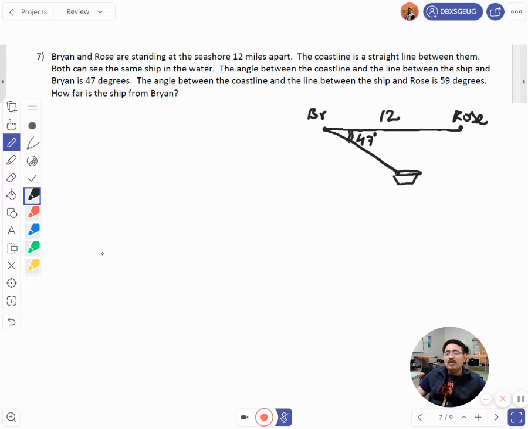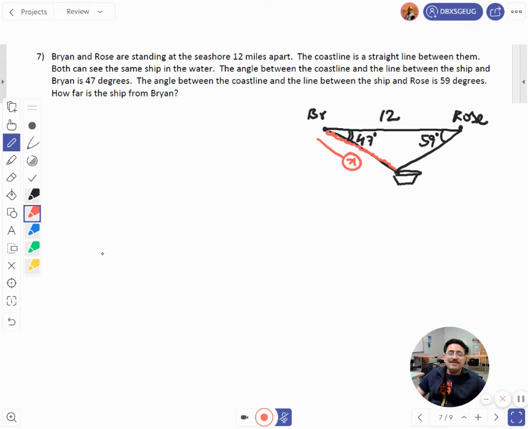The angle between the coastline and the line between the ship and Rose is 59 degrees. Therefore, here I see 59 degrees. How far is the ship from Brian? So the question is, how far is the ship from Brian. This one is to be computed.